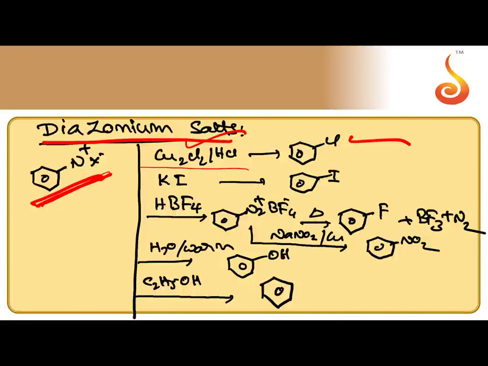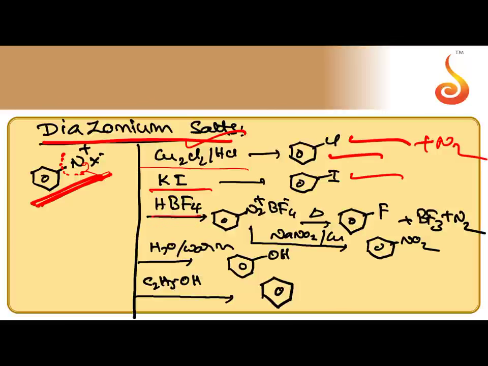When the diazonium salt is reacted with a mixture of cuprous chloride and HCl, N2+ is replaced with Cl, forming chlorobenzene. If you take Cu2Br2, you can get bromobenzene. And when the diazonium salt is reacted with potassium iodide, N2+ is replaced with iodide, and we can get iodobenzene.